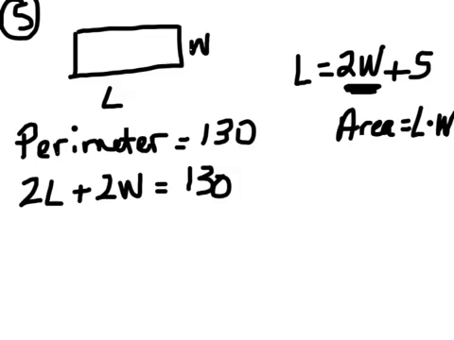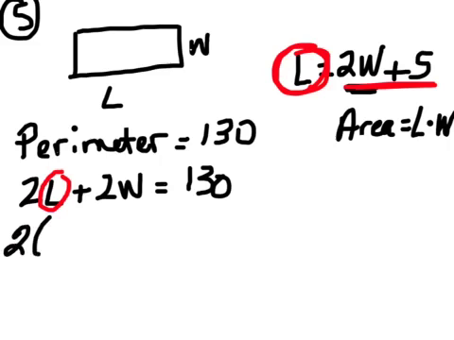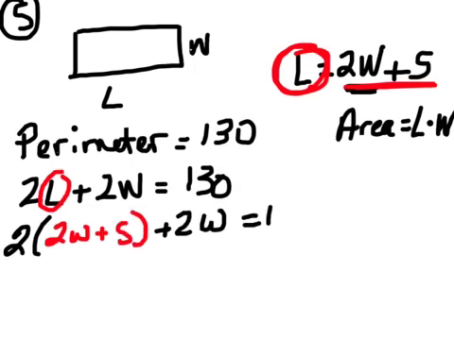Well, if you look what we've got right here, I could use substitution really easy on this one because the length is equal to 2W plus 5. So if I come over here, I can replace length with 2W plus 5. That's what substitution is. I'll write it in red just to emphasize where I got the information. Okay, then I've got plus 2W is 130.